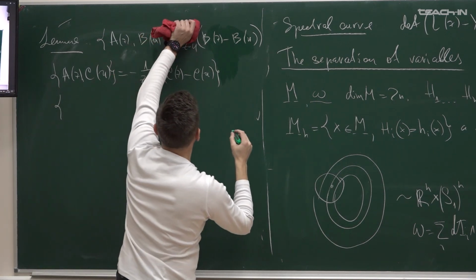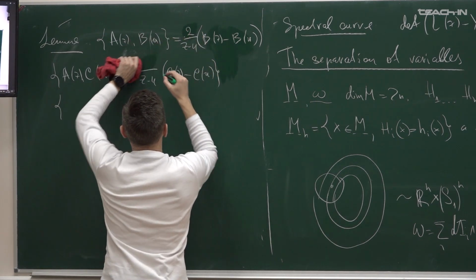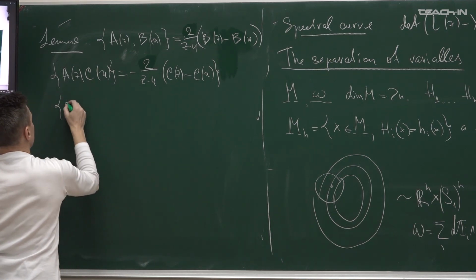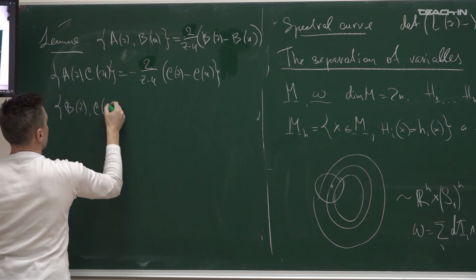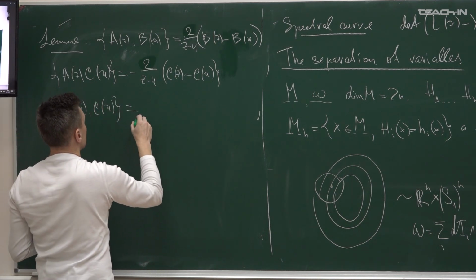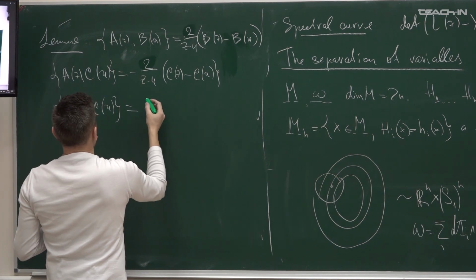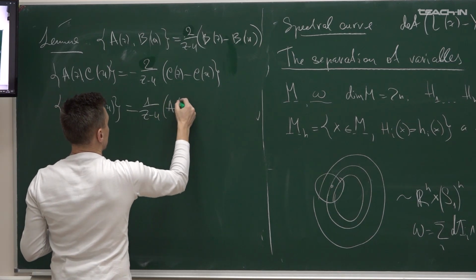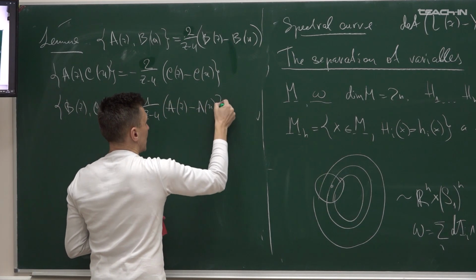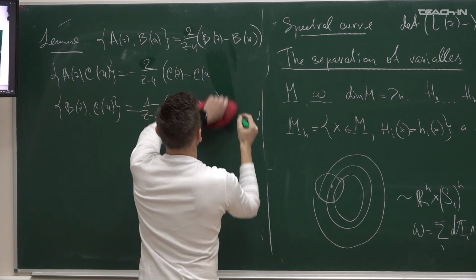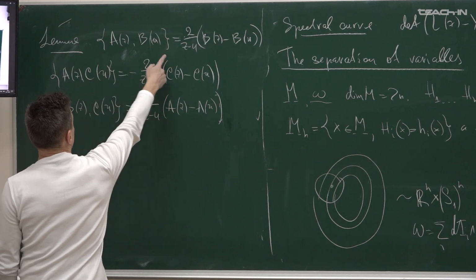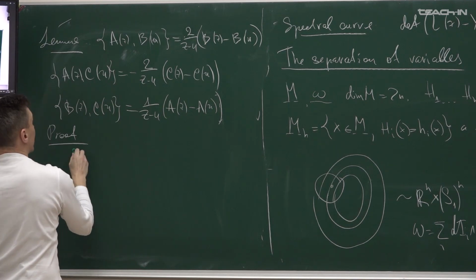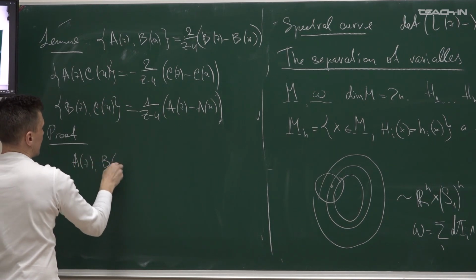And B of z with C of u is equal to 1 over z minus u times A of z minus A of u. Sorry. Okay, let us calculate this, A of z with B of u.